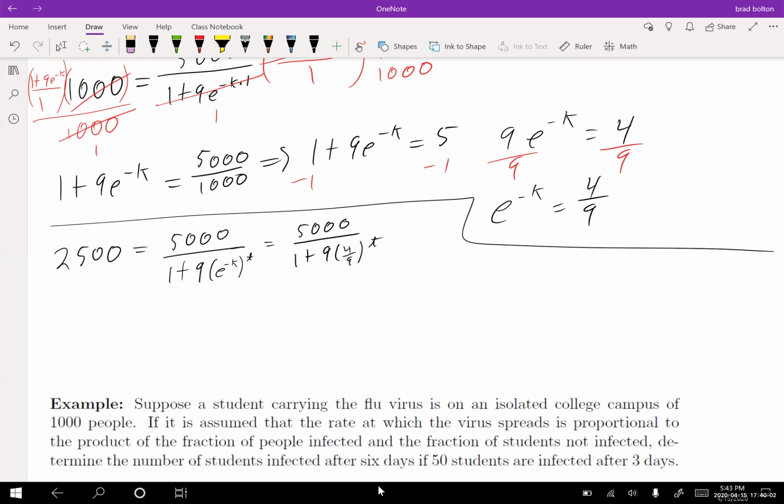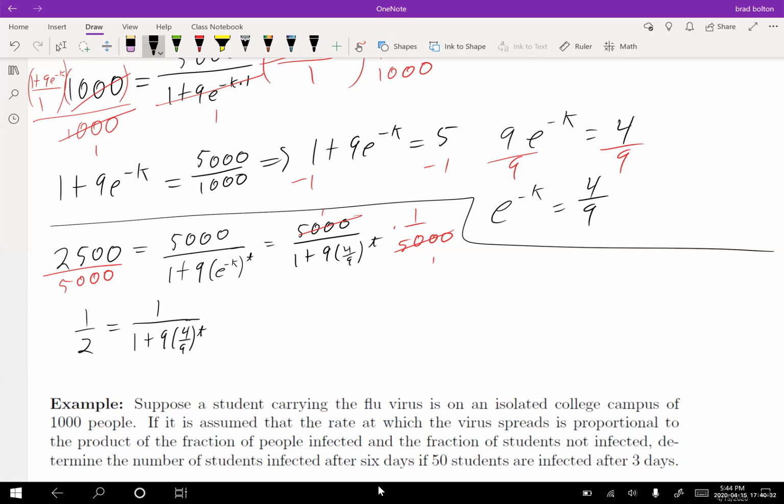Now you can't cancel that 4/9 and that 9 because there's an exponent of t, so don't do that. But we can divide both sides or multiply by 1 over 5,000. So now we're left with 1/2, which you always will be left with when they have 1/2 of the population. 1 over 1 plus 9, 4/9 to the t.